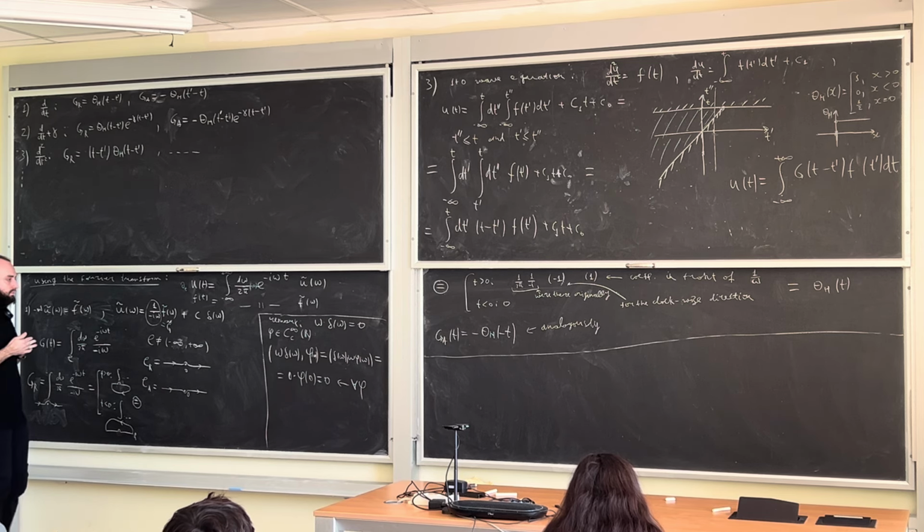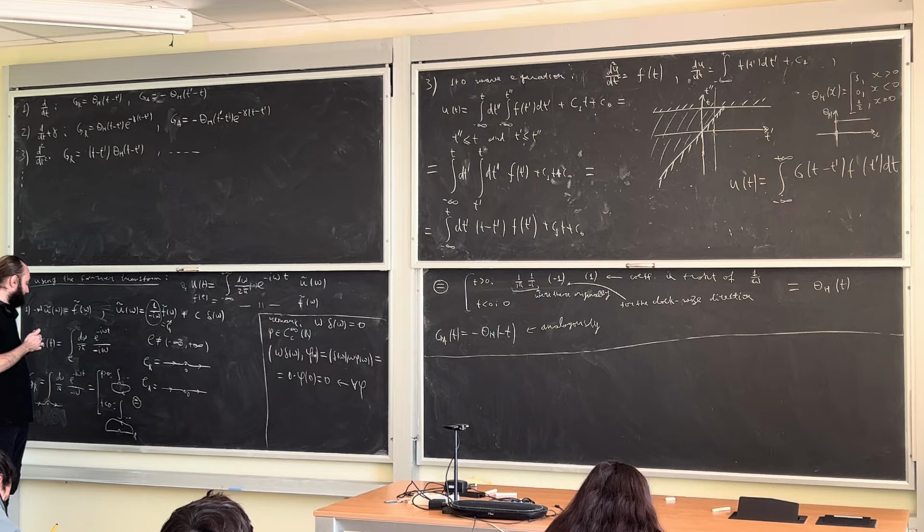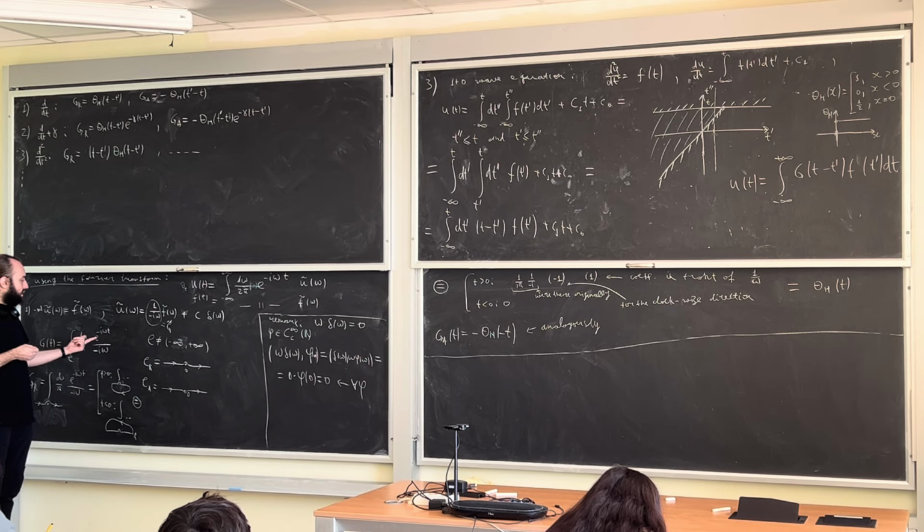If omega is of order 1 over r, then this exponential becomes dominant.